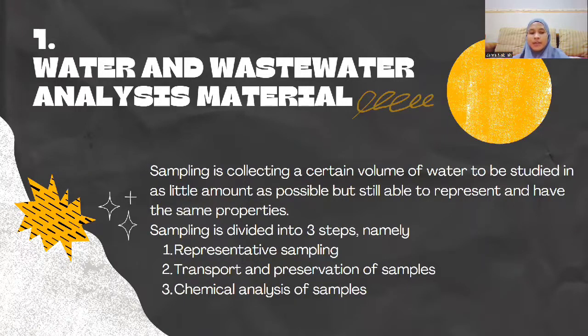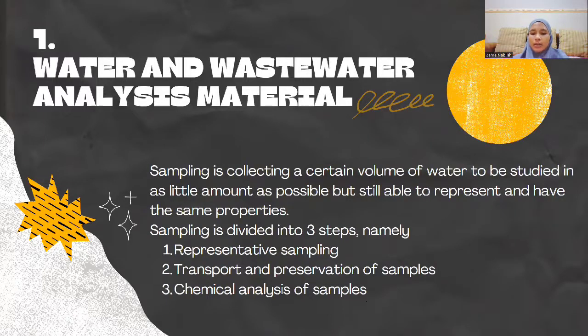Sampling is divided into 3 steps, namely, number 1, representative sampling. Representative sampling is someone who does something officially for another person or group of people to take a sample. Number 2, transport and preservation of samples.